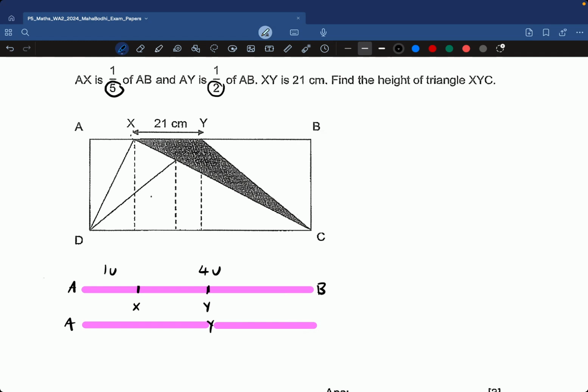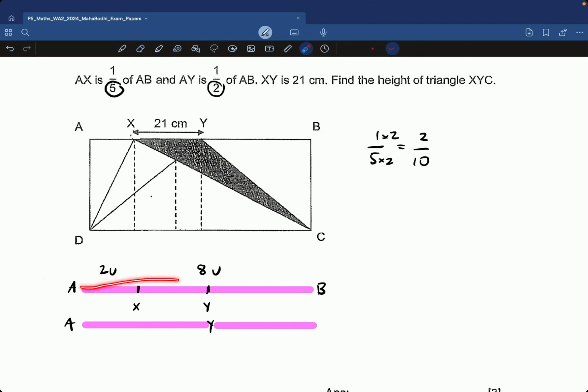So that means we have to make 1 over 5 become times 2, times 2, and this gives us 2 over 10. So that means we have to multiply our units over here. Instead of 1 unit and 4 units, we will make it into 1 times 2 is 2 units, and 4 times 2 is 8 units in this case, right? 8 units. So now we know this is a total of 10 units.